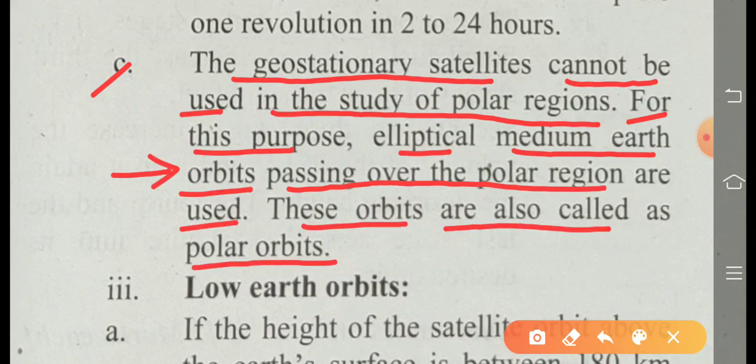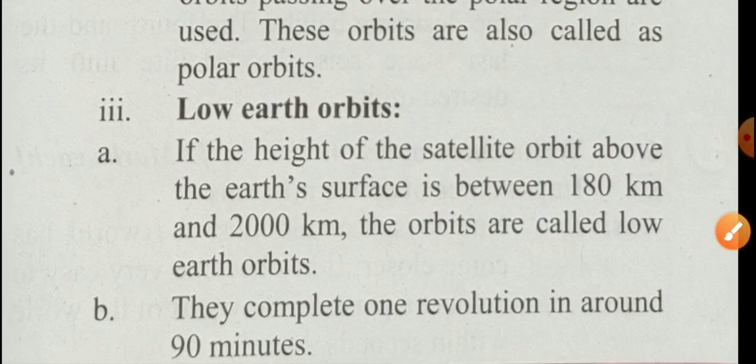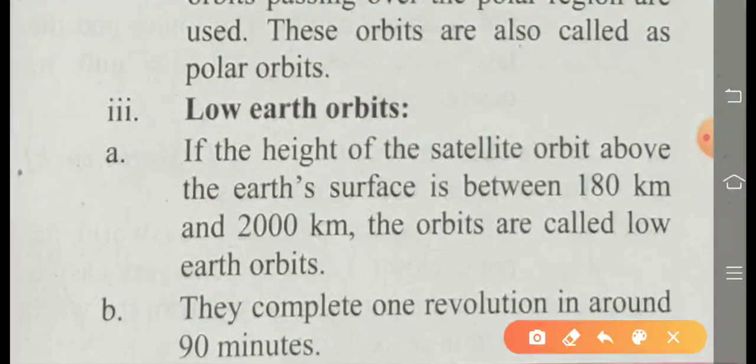One more important thing: the elliptical medium Earth orbits are also called what? Polar orbits, because these orbits have an elliptical path passing over the polar region, and that's why they are called polar orbits.